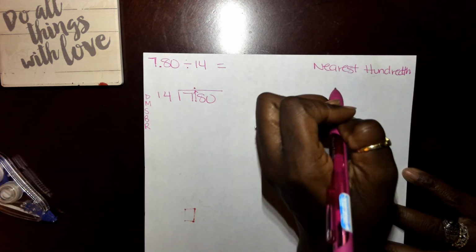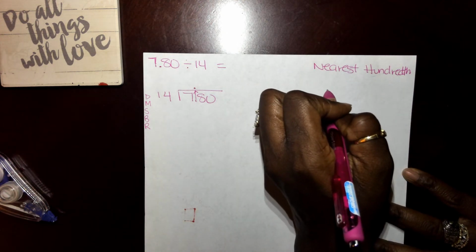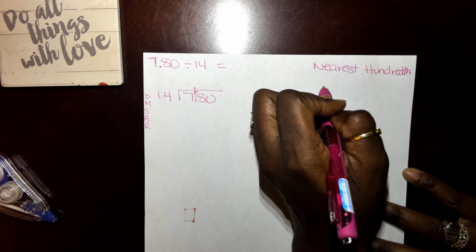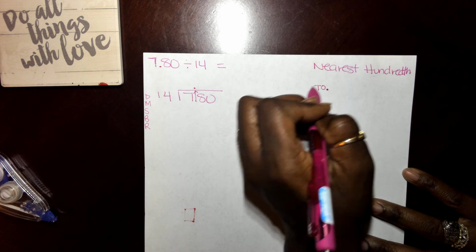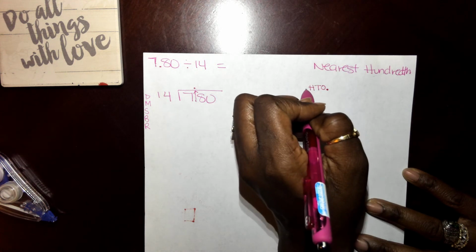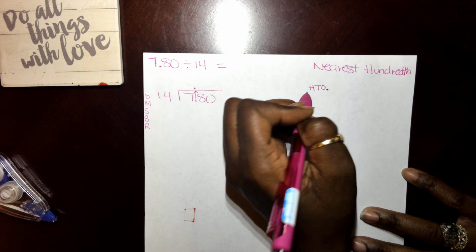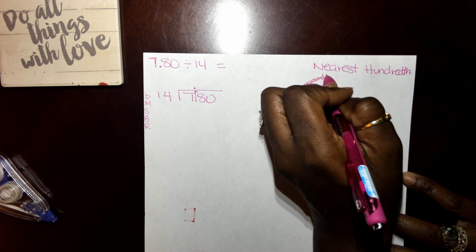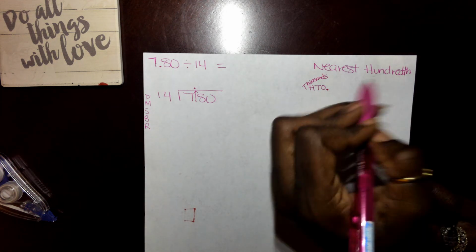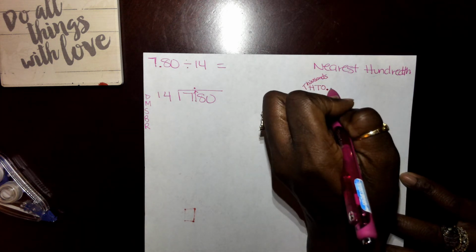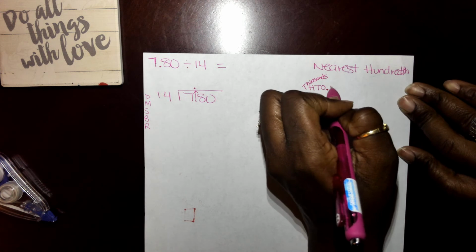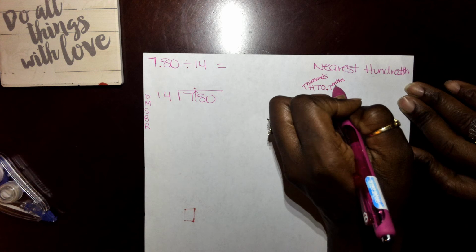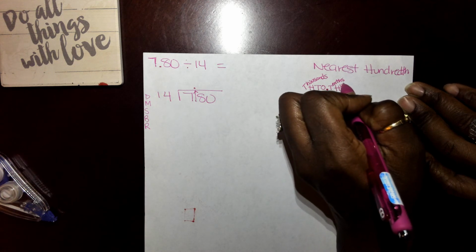And so we know our place value, we've already talked about it. We have our decimal in the middle, and to the left of the decimal, we have our ones, our tens, our hundreds, our thousands, and so forth. To the right of our decimal, we have our tenths, and our hundredths, which is THS as well.